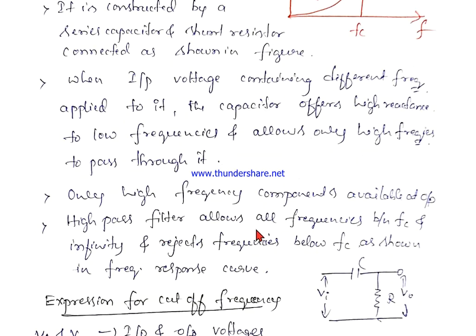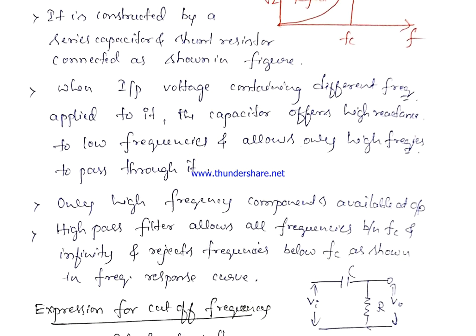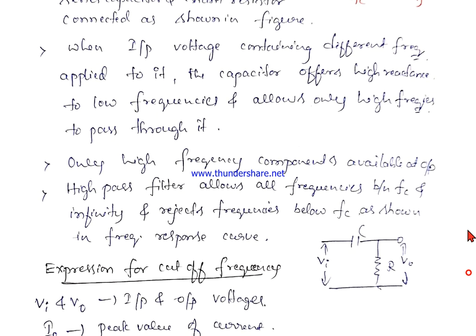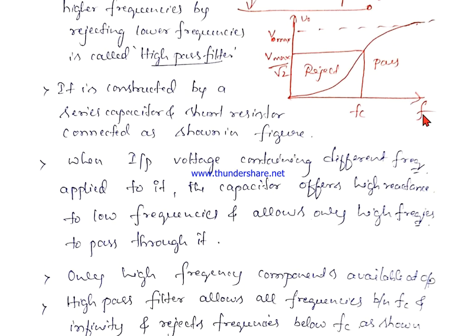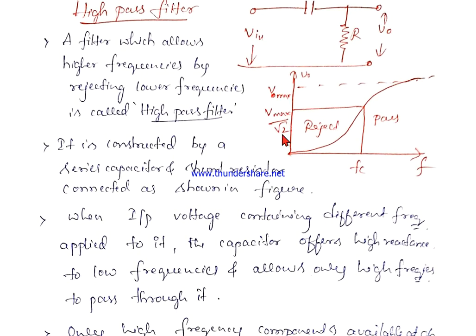A high pass filter allows all the frequencies between the cutoff frequency and infinity, but it rejects the lower frequency components. The frequency response curve for the high pass filter is as shown in the diagram. For that we plot output voltage versus frequency. The graph will be exponentially increasing.